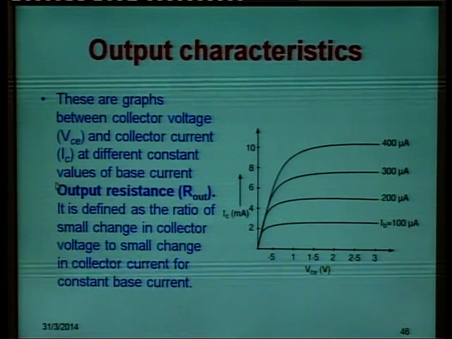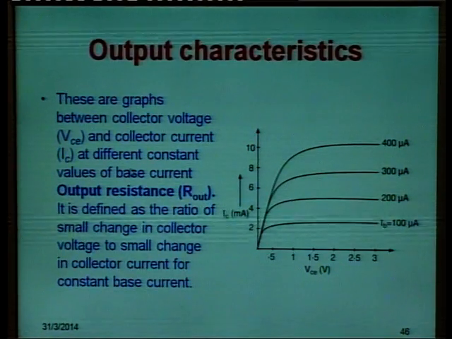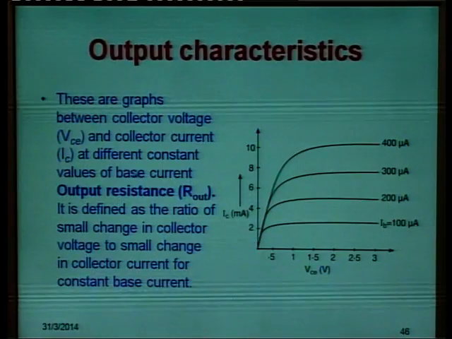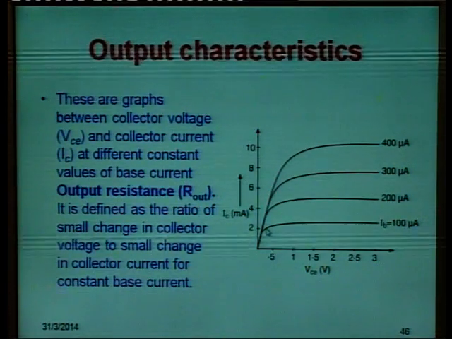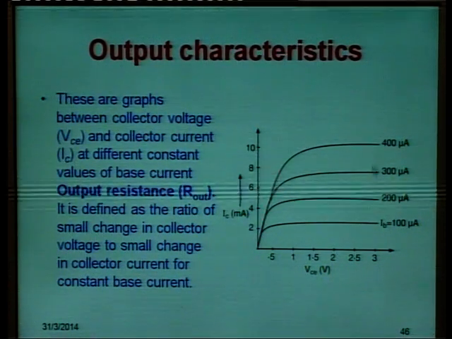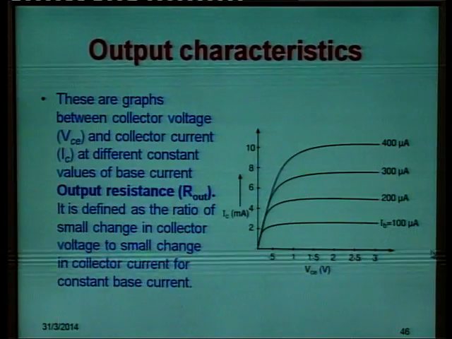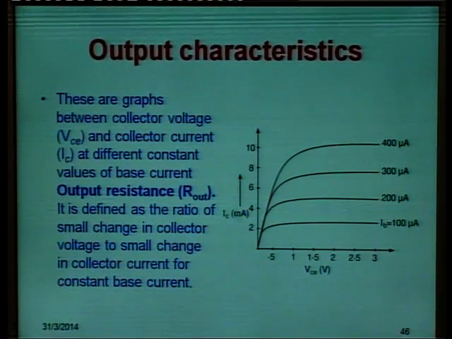Output characteristics are the graphs between collector voltage and collector current at different constant values of base current. So, here it is base current which is to be kept constant. The graph is between collector emitter voltage and collector current.